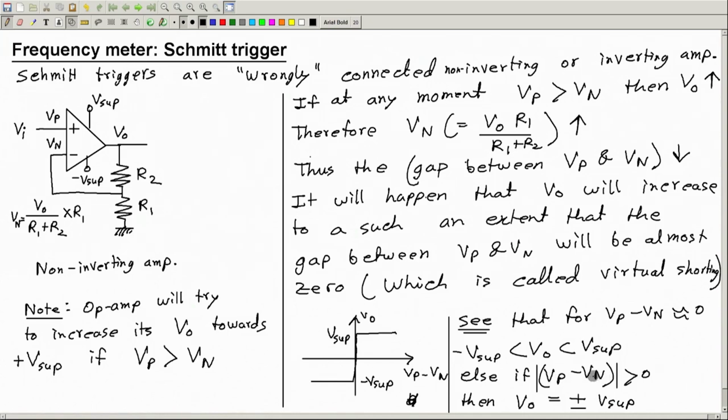Here, let me just tell you once again because this is very important: if ever Vp is higher than Vn, then output will increase until this potential is almost equal to this potential. When these two are almost equal, then at that value of Vo, the op amp will stay happily.